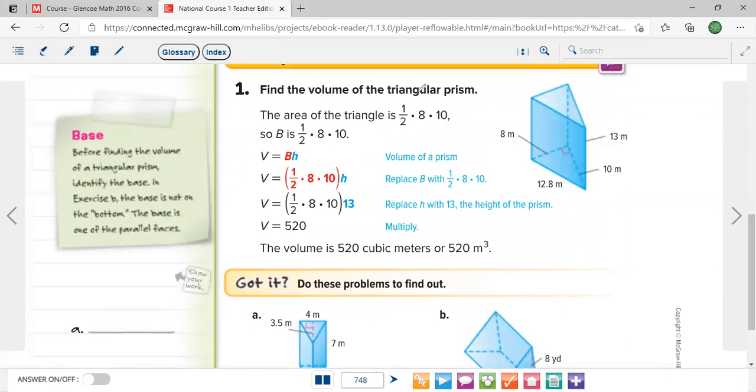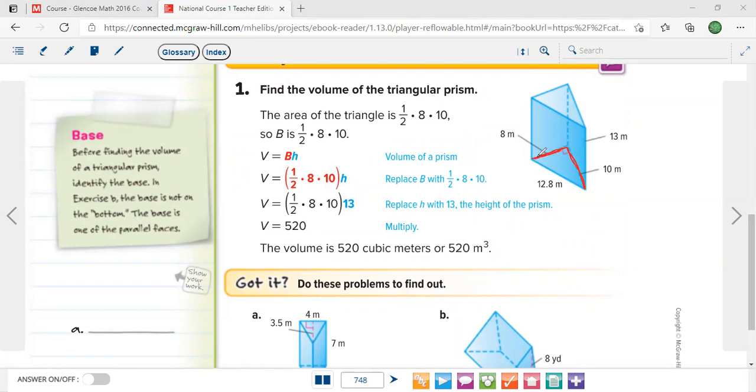Find the volume of the triangular prism. This is a triangular prism. It has two bases shaped like triangles and other faces like rectangles, as you can see. Focus on the triangle. You have its base and its height. So you can say it's half times 8 times 10.